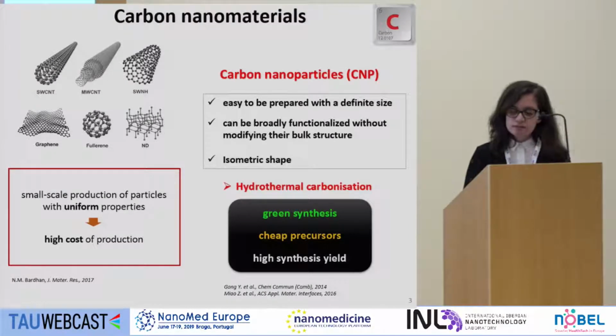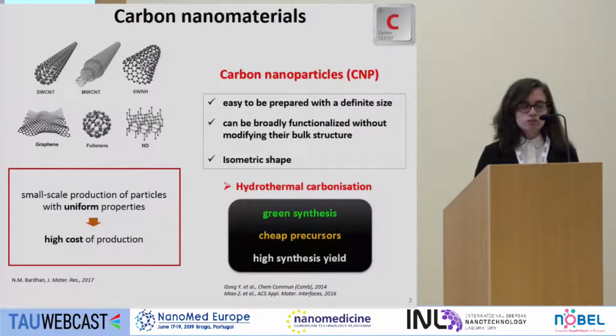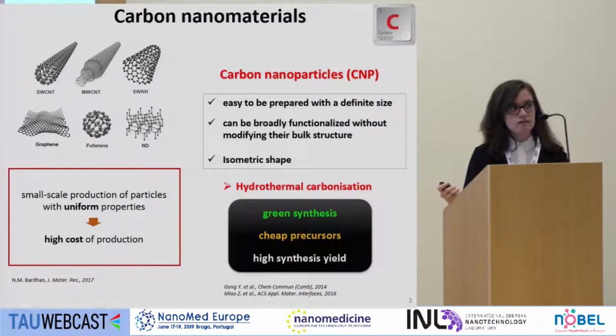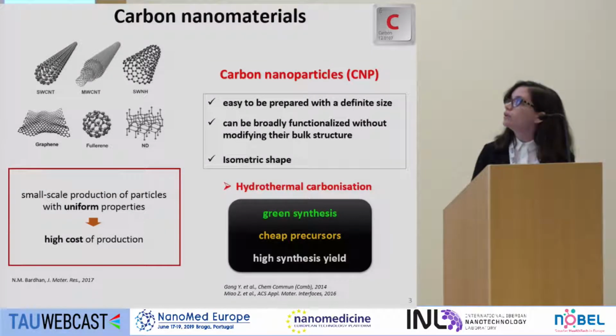Carbon nanoparticles are a relatively new type of carbon nanomaterials. They are easy to prepare with a defined size and can be broadly functionalized without modifying their bulk structure.